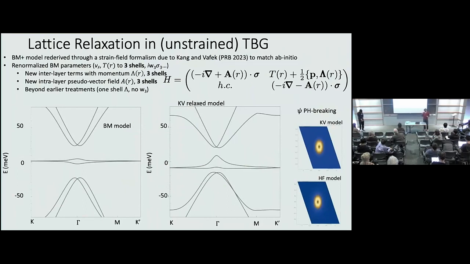But I agree with you. You could do it to go in the same direction if you add some k-square terms. That's certainly true. But if you just compute the values of these terms based on the ab initio, you find them to be small.